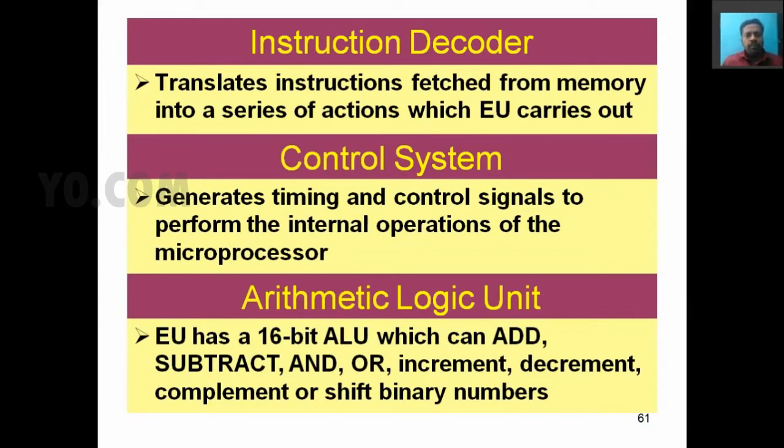The instruction decoder decodes the instruction that is fetched from memory in sequence. Then the control system. The control system generates and controls the entire action, generating the timing and control signals to perform the internal operations of the microprocessor.